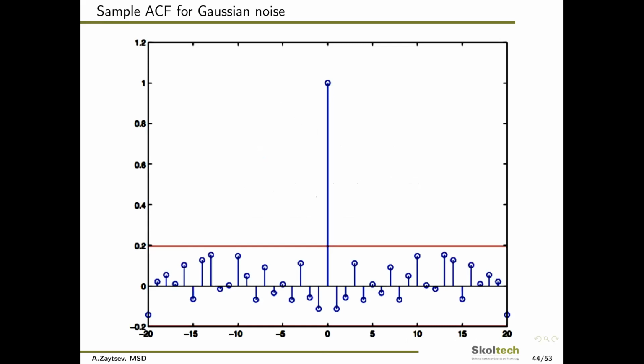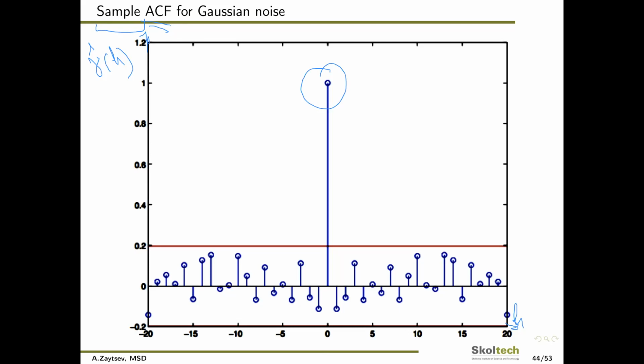If we have this sample empirical autocorrelation function estimation, this is h here, then we have only one non-zero term, which is what we have for white noise.